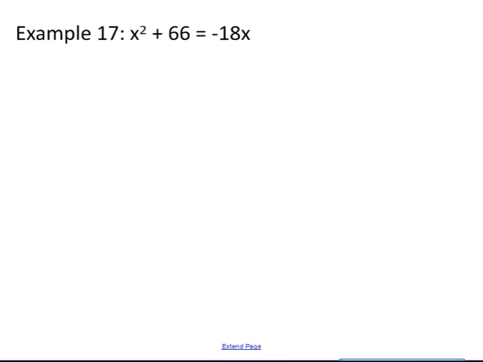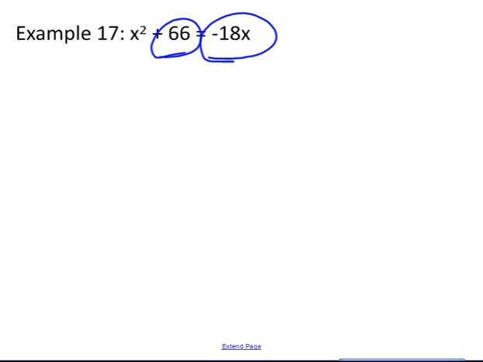Example 17, you're going to do just like the others. I will have you do this by yourself, but I'm going to give you a hint to get you started. Notice my constant is on the left, but my x is on the right. Those actually need to switch places.